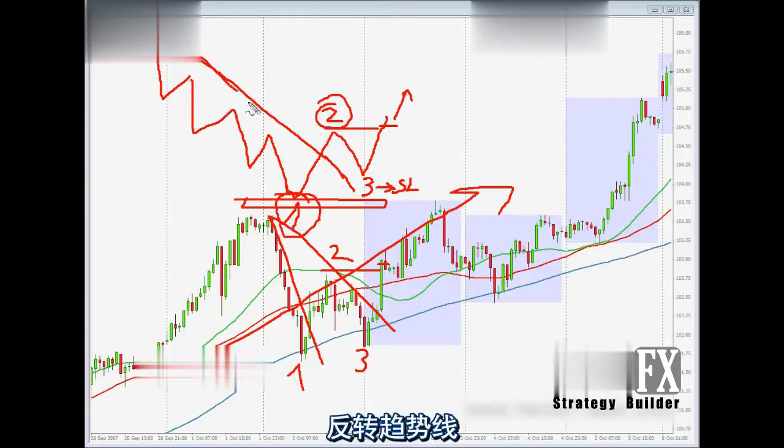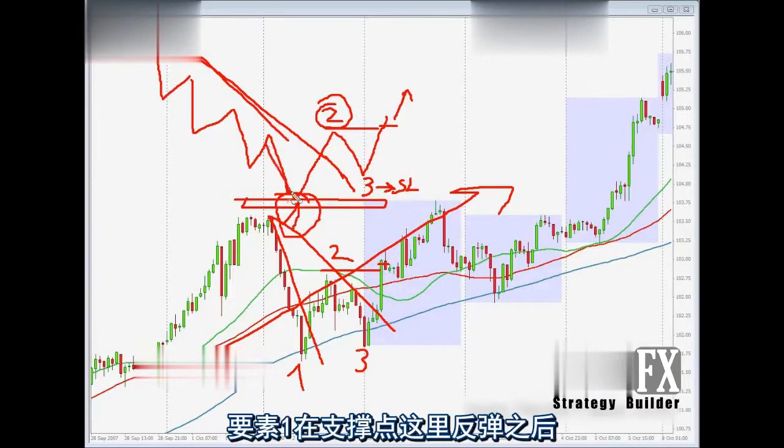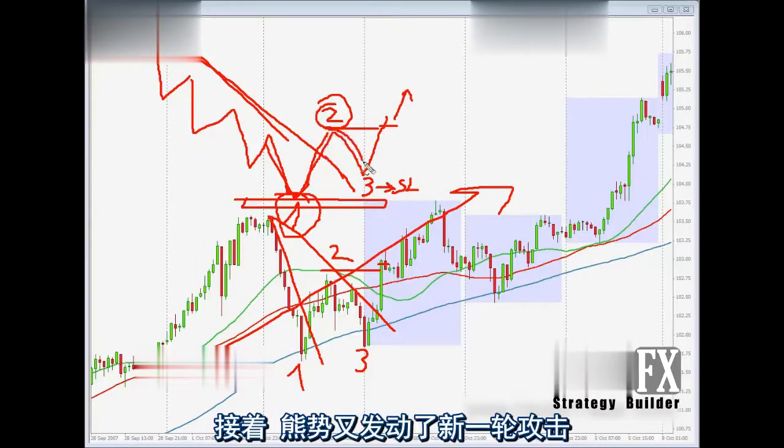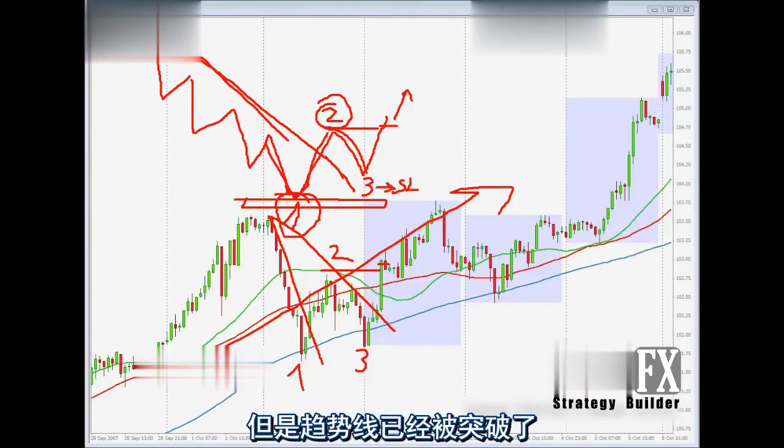You have a retracement trend line, the aspect number 1, as it bounces, as it reacts off that level of support, it simply breaks through the trend line. From there, like I say, the bears unleash another attack, but the trend line is already broken.